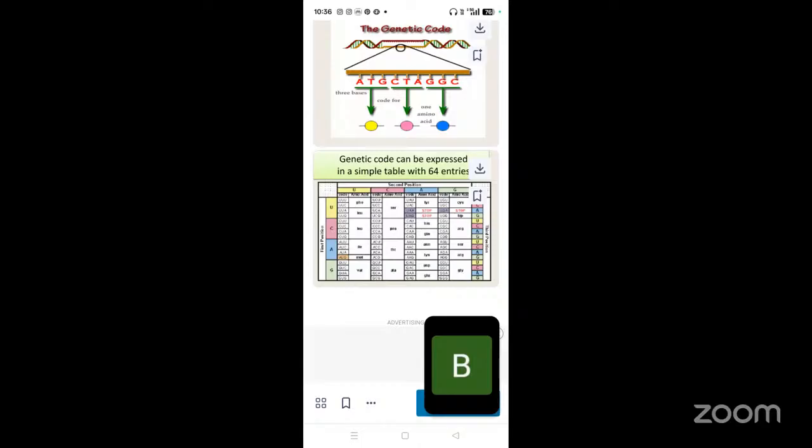Degeneracy of the genetic code. Wobble hypothesis. What is the meaning of the wobble hypothesis? Crick postulated the wobble hypothesis to account for the degeneracy of the genetic code. According to this hypothesis, the first two bases of the codon pair according to normal base pairing rules with the last two bases of the anticodon.